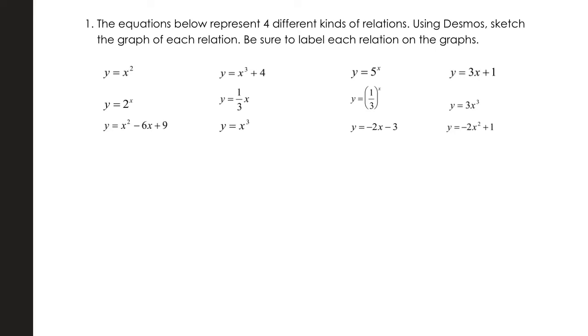So now my list of relations looks a little different than yours, and it's just because I had to space them out a little bit to get them to fit on the screen. But you'll notice that we have all the same relations.